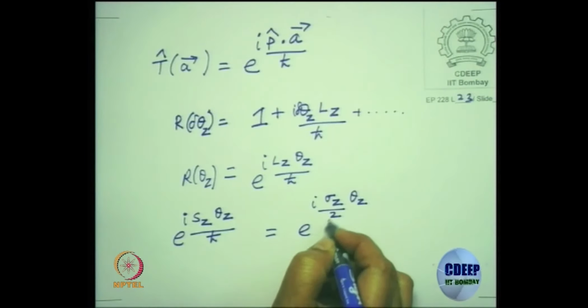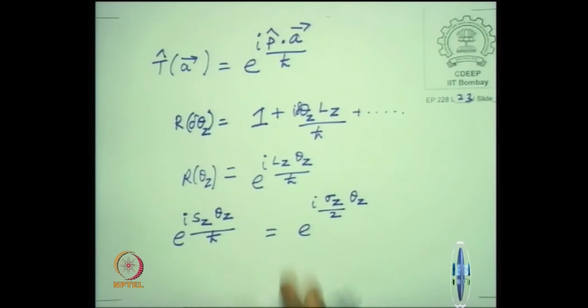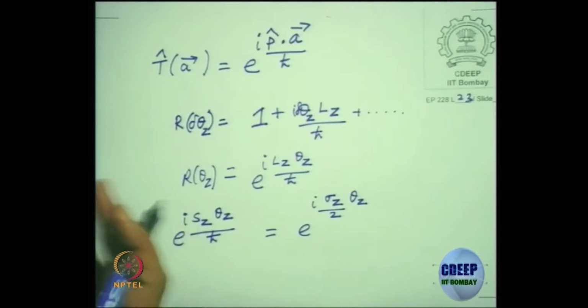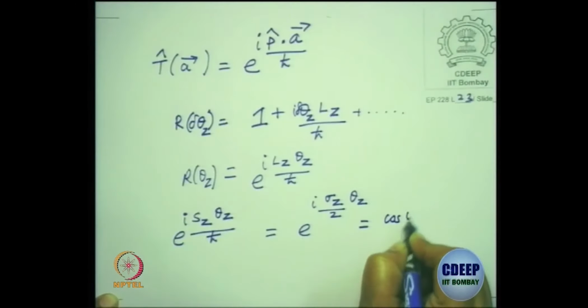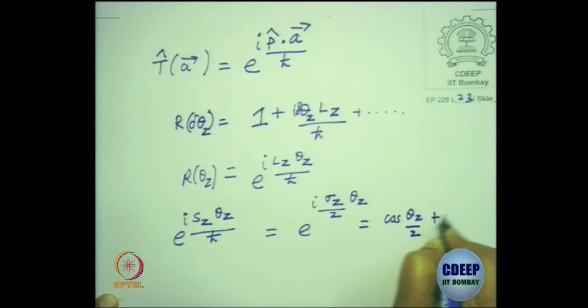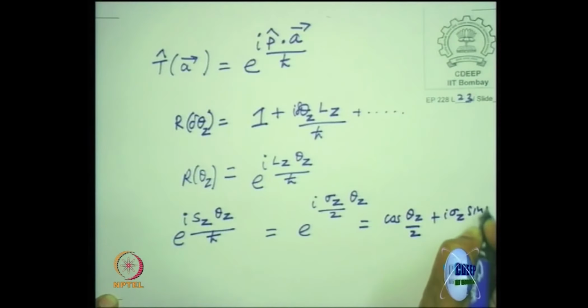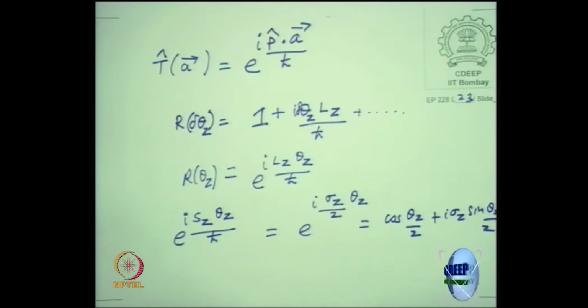And the by 2 comes because of the explicit representation of the spin operator, as the eigenvalues are plus or minus half h cross. That's why this comes. So if I want to write what this is, I have to write this as cos of theta z by 2 plus i sigma z sine of theta z by 2, because of these factors of two. So all these Pauli matrices show up in rotation in the internal space, and you have to be familiar with it.